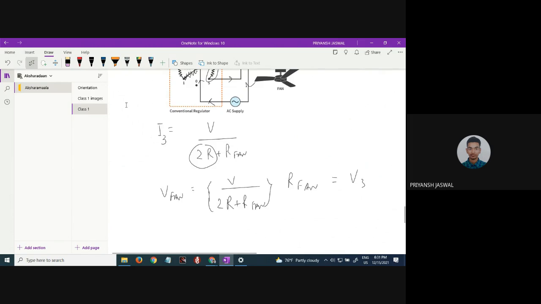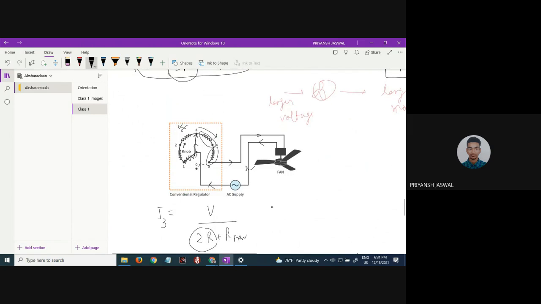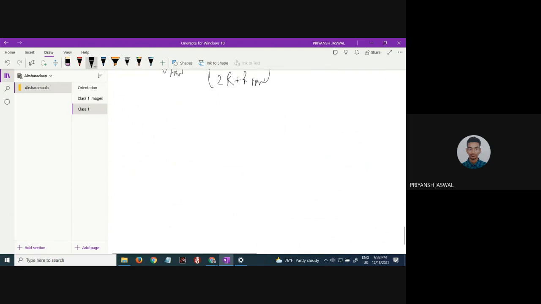When the knob is at the 4th position, there will be only one resistance left in the circuit which belongs to the regulator.